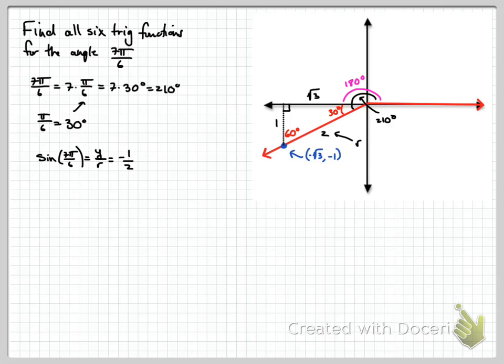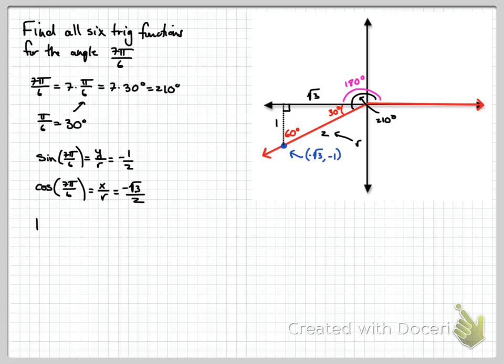The cosine of this angle will be the x-coordinate over the radius. The x-coordinate is negative root 3, and our radius is 2. There we go, negative root 3 over 2.